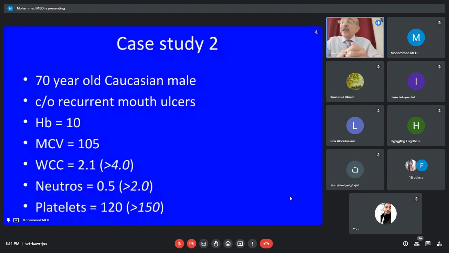So B12 deficiency can cause, and folate as well sometimes, a picture which is just like hypoplastic anemia. Hypoplastic is a better term than aplastic anemia, because a means no, but hypo means low. Next slide, please.